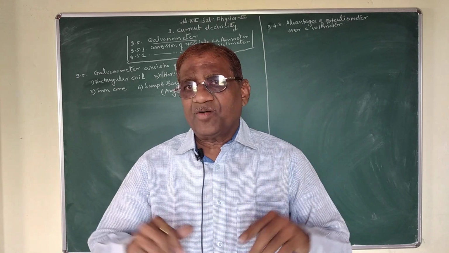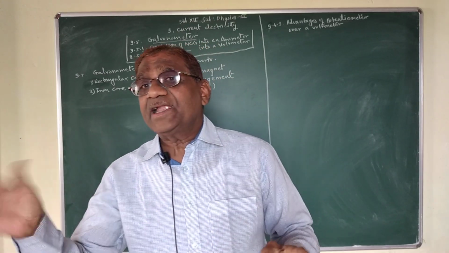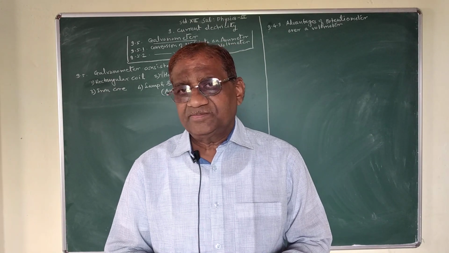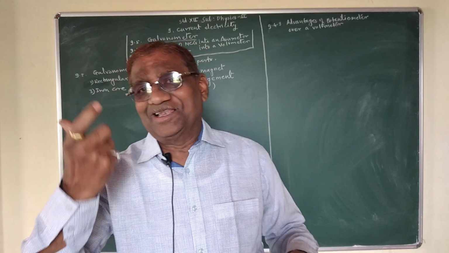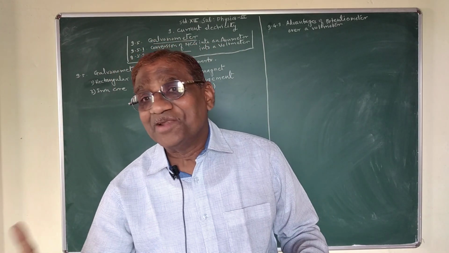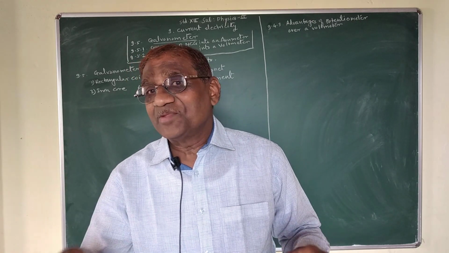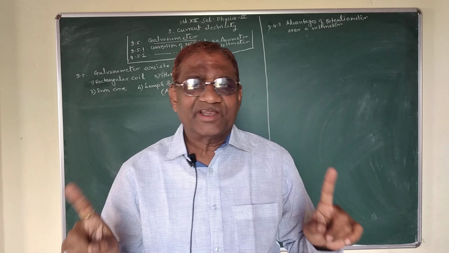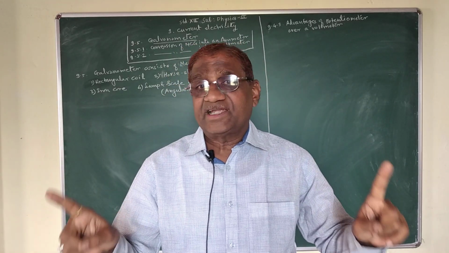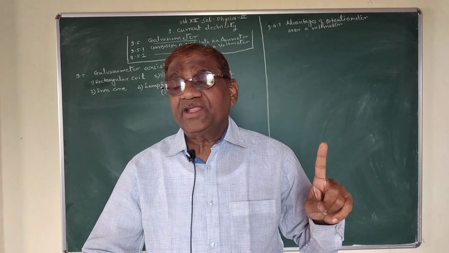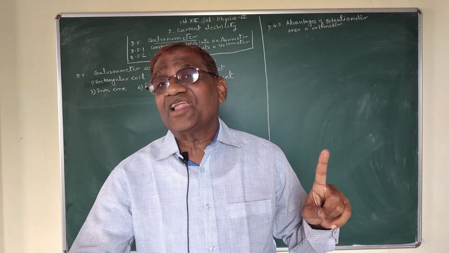And second type of galvanometer is moving magnet type galvanometer. In moving magnet type galvanometer, the magnet is movable and coil remains fixed. Moving magnet type galvanometer is also called tangent galvanometer.